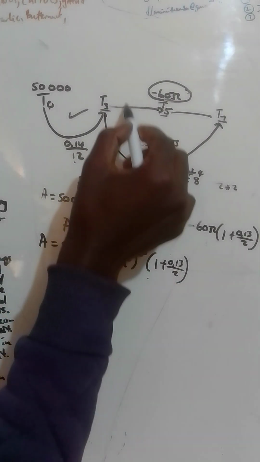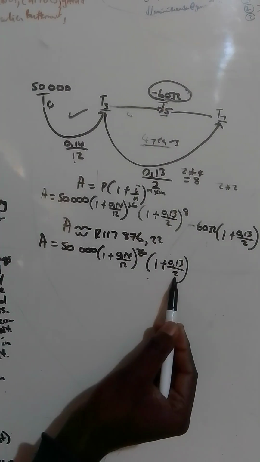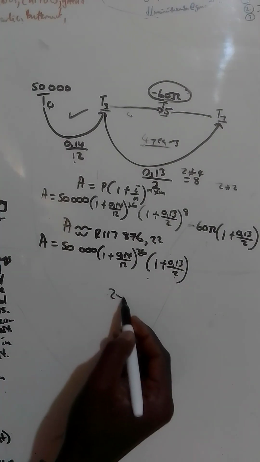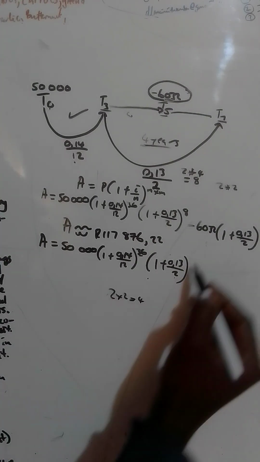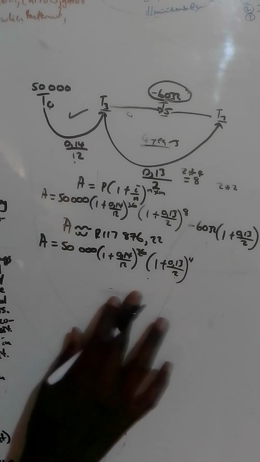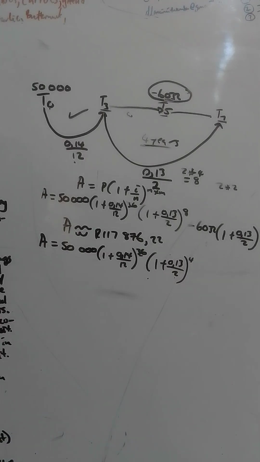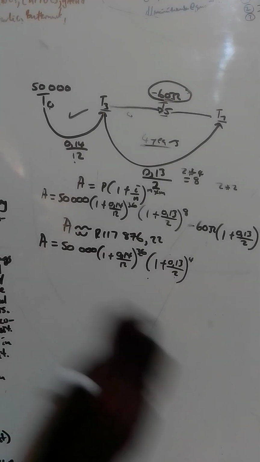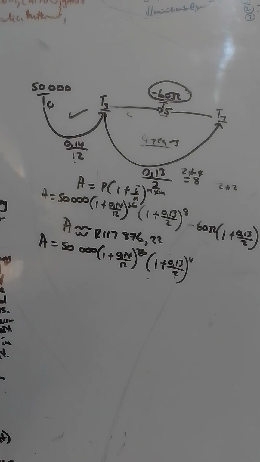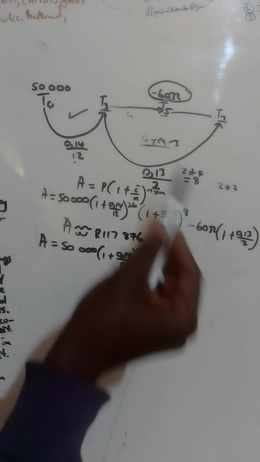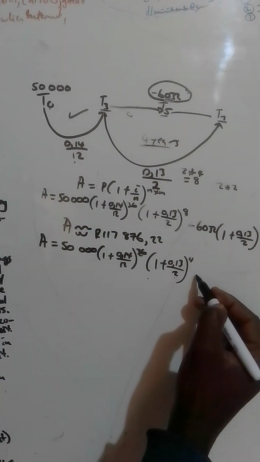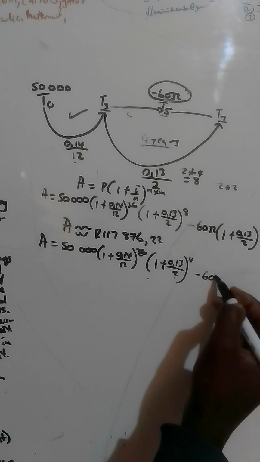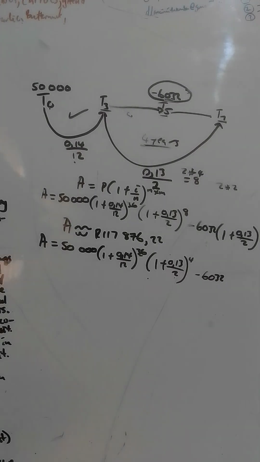Because we are considering these 2 years and the compounding period is 2, we say 2 multiplied by 2, which gives us 4. So we say to the power 4, right? Once we have done that, the next thing we do is subtract the 6,032 rands, right?